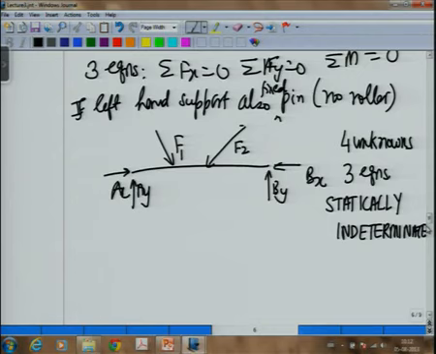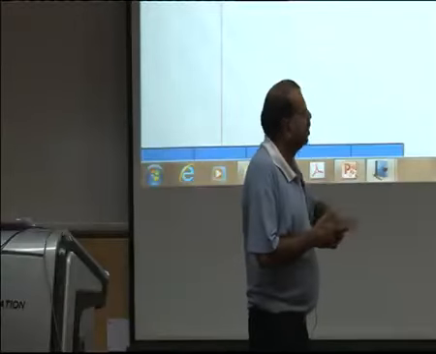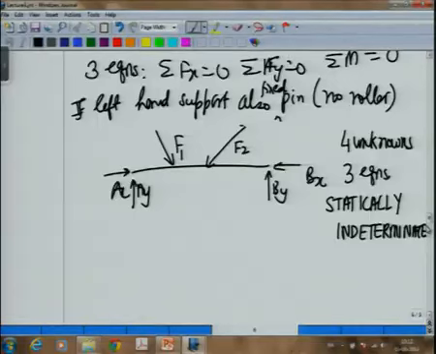So, for example, in this case what you will realize is you can't find Ax and Bx. All you can say is that their sum will be equal to this much, but you will not be able to find out what is the exact value of Ax or exact value of Bx using just our equations of statics. So, that is why we term it as statically indeterminate. Okay. Now, let us look at a case.